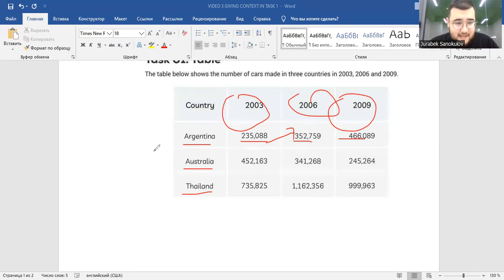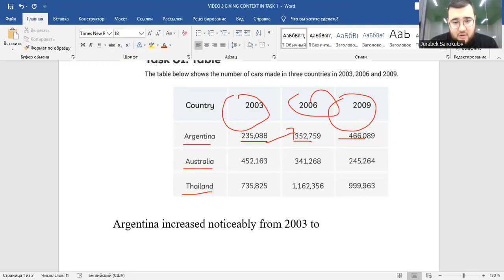So they say something like this, based on these changes, they end up writing a sentence like this: Argentina increased noticeably from 2003 to, or let's include the numbers, 235,088 to 466,089 between 2003 and 2009.